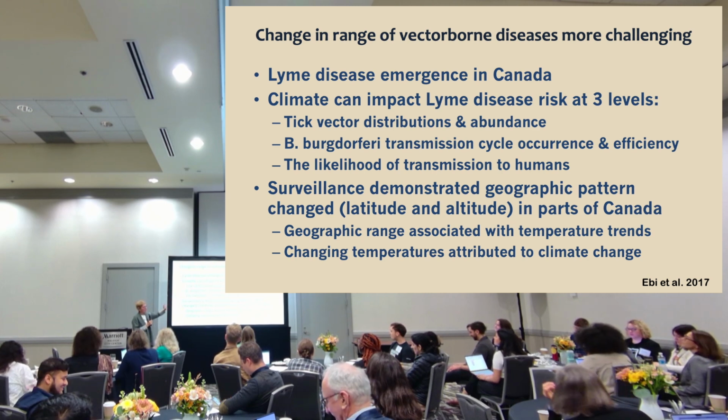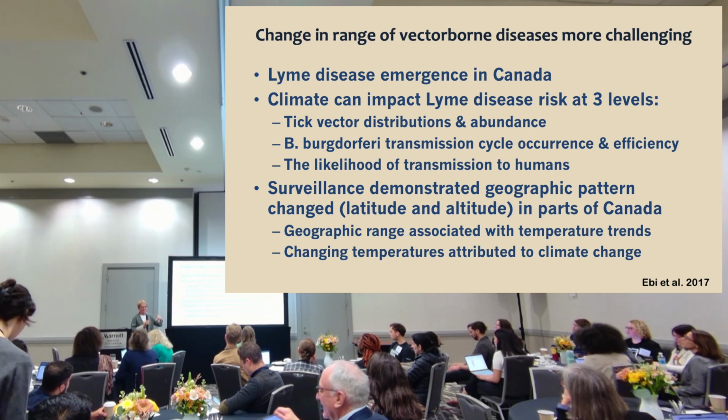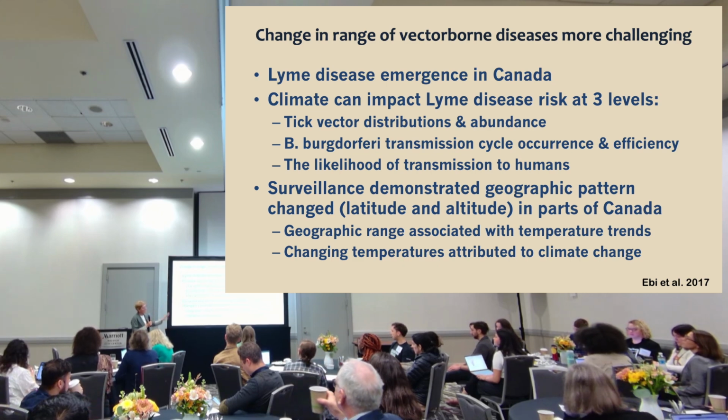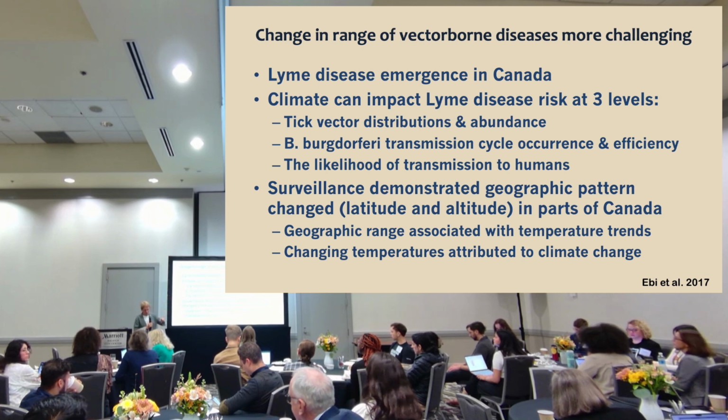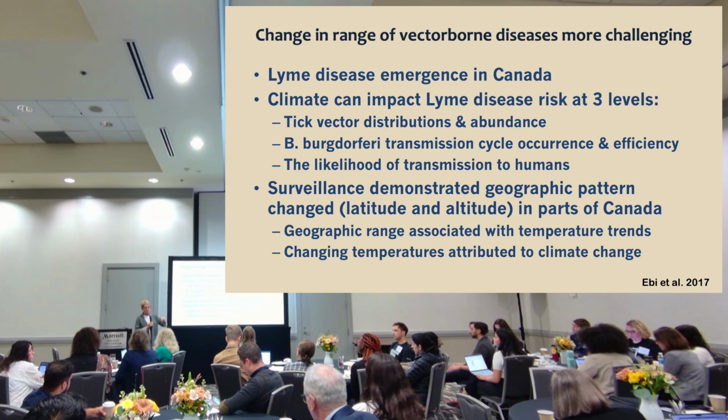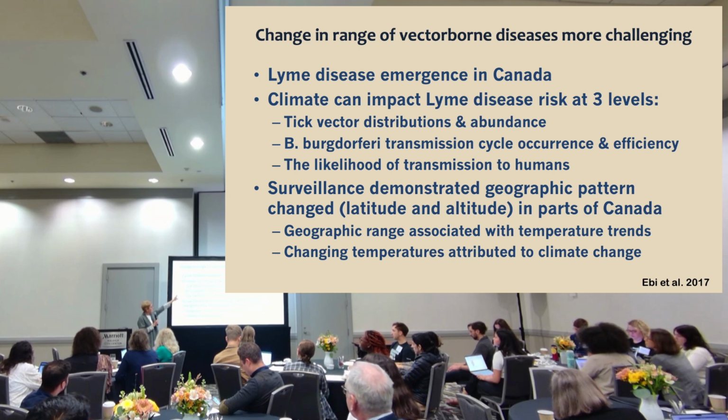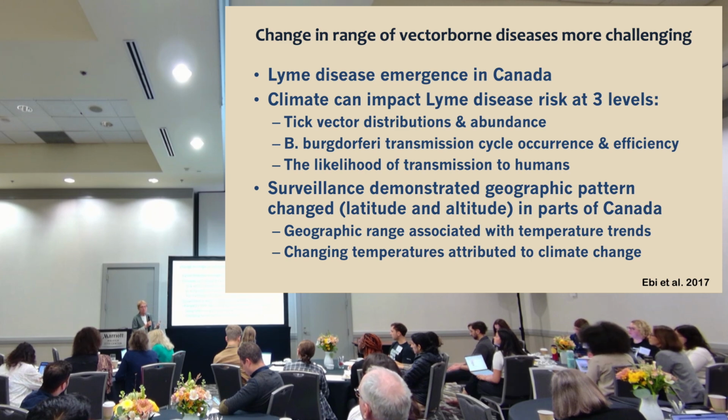When you think about how climate change could affect Lyme disease, because it's more complicated, when you look at the studies, and it's true both for mosquitoes and for ticks, a lot of the studies are done on the distribution and the abundance of the mosquito.